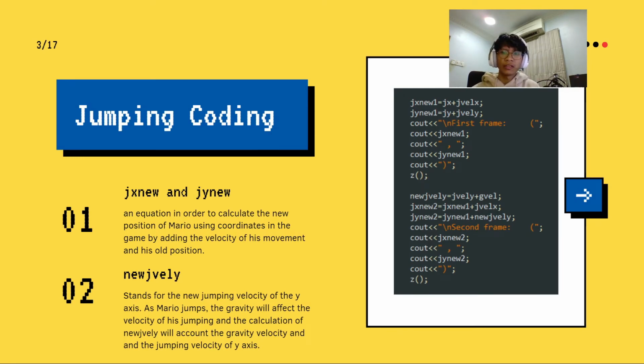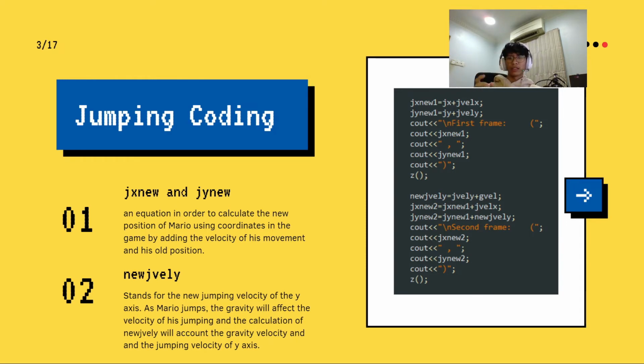We will see this snippet of the coding of the jumping operation. The first one is jx new and jy new. It is the new coordinates of jumping x and y for Mario. It is included in an equation in order to calculate the new position of Mario using the coordinate in-game by adding the velocity of his movement and his old position.